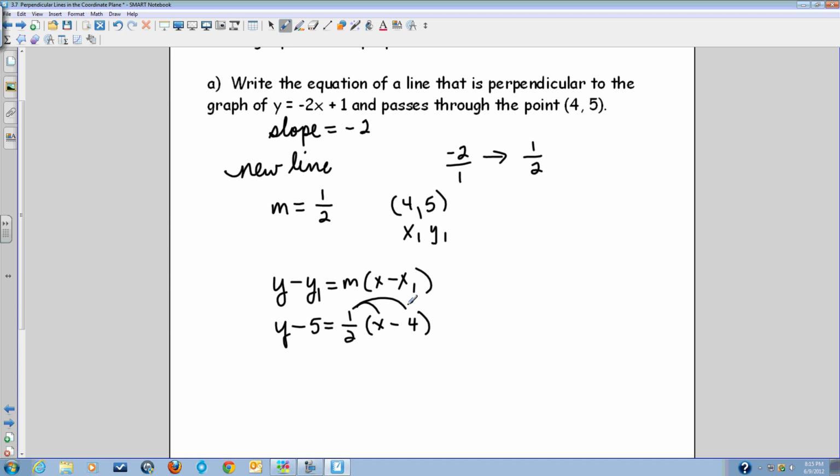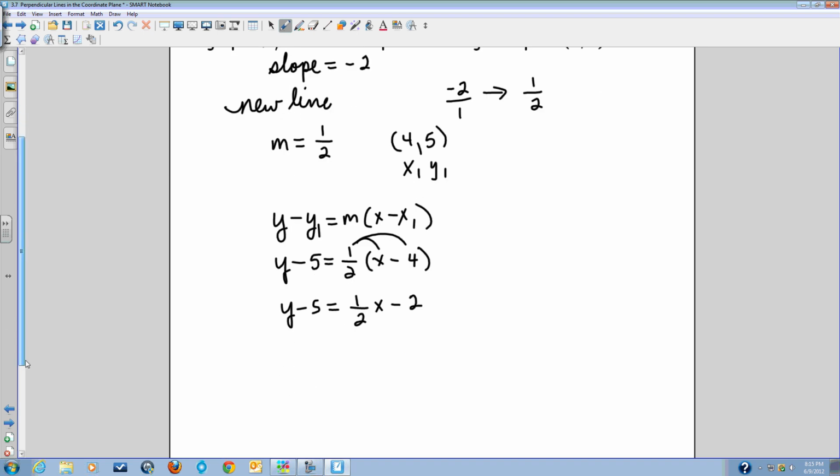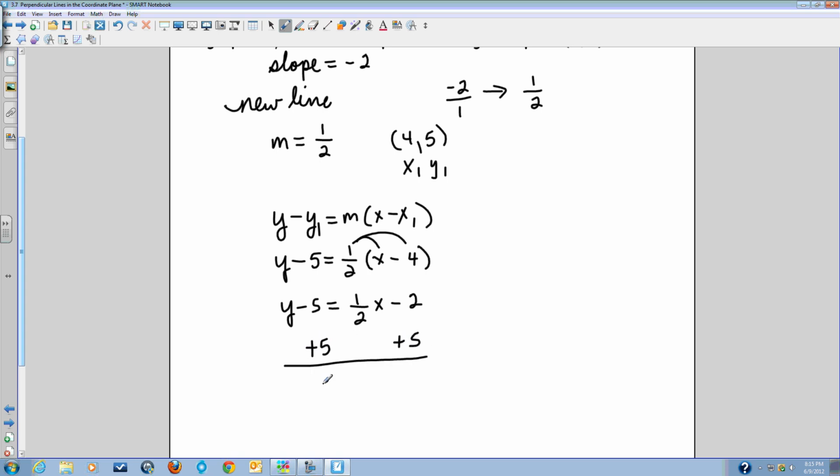Let's distribute to get rid of the parentheses, so we have 1/2 x minus 2. And we still have y minus 5 on the left. We need to solve for y, so we add 5 to each side, and we end up with y equals 1/2 x plus 3. And there is the equation of our new line.